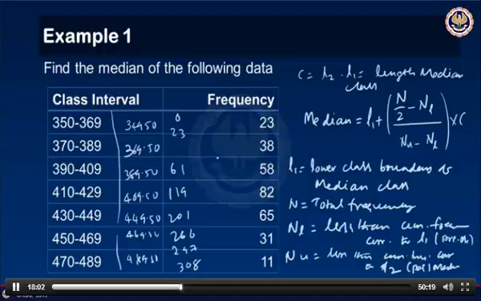Before that, we have to find the value of n by 2 also. N is 308, and n by 2 is 308 by 2, that is 154. This figure is very important to know the lower and upper boundaries.